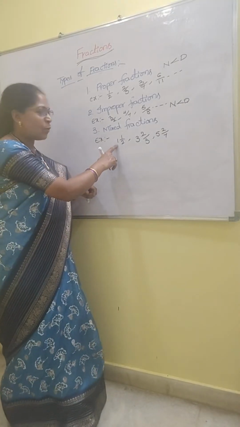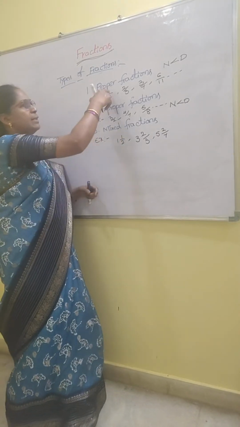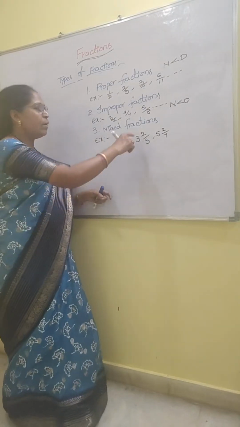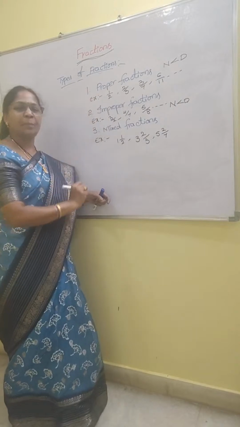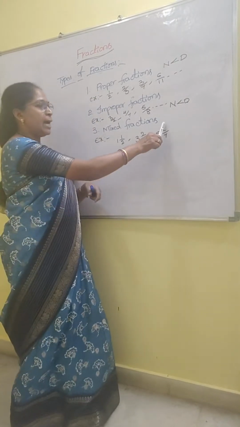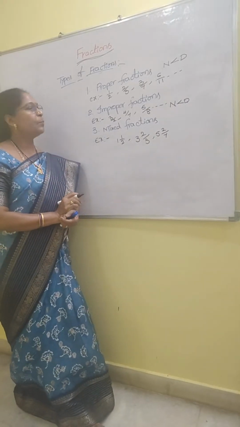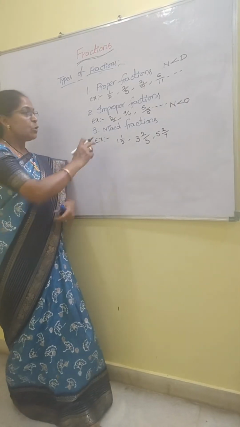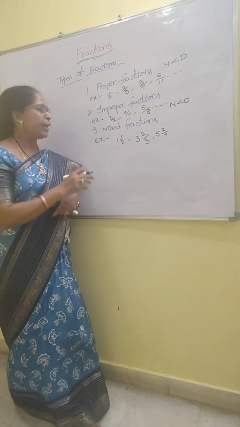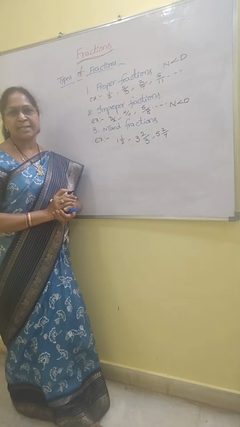Here 1 is a whole number and 1 by 2 is a proper fraction. Like this, here 3 is a whole number and 2 by 3 is the proper fraction. Like this, here 5 is a whole number as well as 2 by 7 is a proper fraction. So combination of whole number and the proper fraction, we call it as mixed fractions.